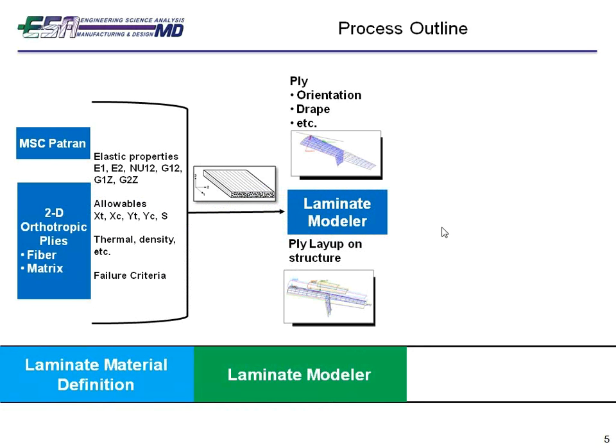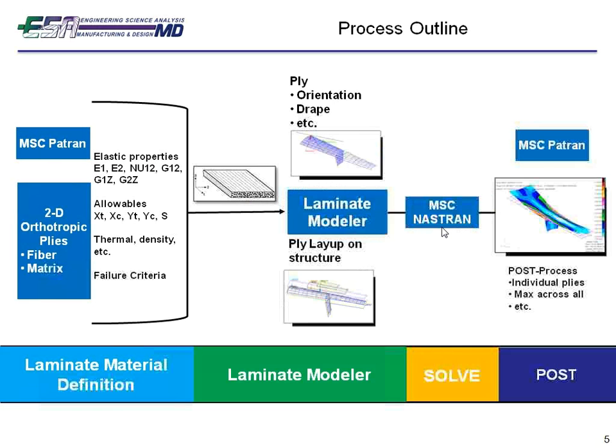Next, we will use the Laminate Modeler to create the plies, define their orientations and the draping, and then we apply the layups, which consist of the individual plies, onto the structure. The next step usually involves running the analysis model and then post-processing.